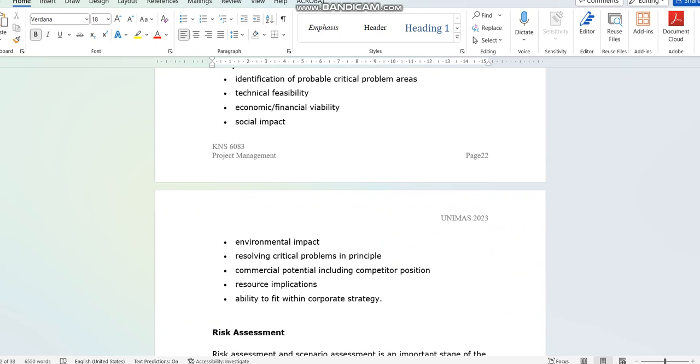Economically, it will bring this sort of benefit, this sort of cost. Socially, it will bring this sort of benefit, this sort of cost. Some of it may be in dollars and cents, some of it may not be. There's a very clear analysis of whether the project is feasible or not, and whether you have the resources to do it or not, and how it's fitting to the corporate strategies. And all this is part of it.